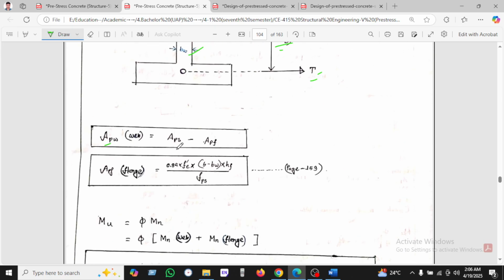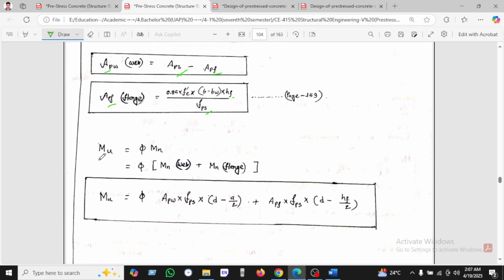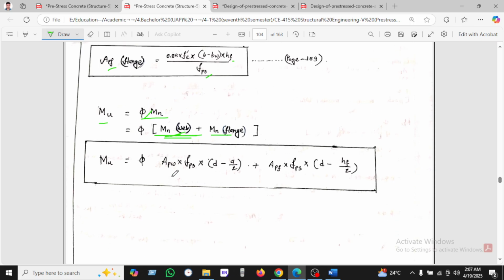So a equals Aps fps over 0.85 f'c b, and this is the stress. So Cf equals 0.85 f'c (b minus bw) hf minus fps. Mu equals phi times Mn, as we have used the web, Mn equals Mn web plus Mn flange. So you can see that this is the web and this is the flange below.